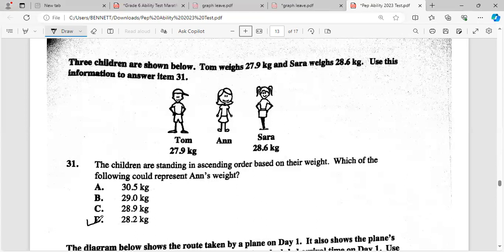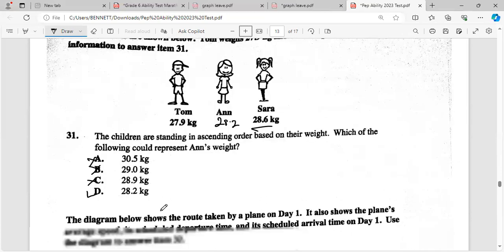As he said, this is too heavy, because it exceeds Sarah's weight. Anything in the 29s, and of course we have 0.6, so 0.9 is greater. So the only one that would fall between 27.9 and 28.6 would be 28.2. So I agree.